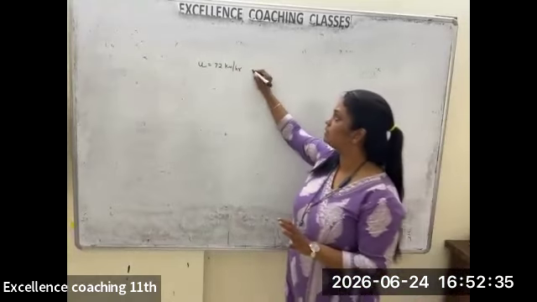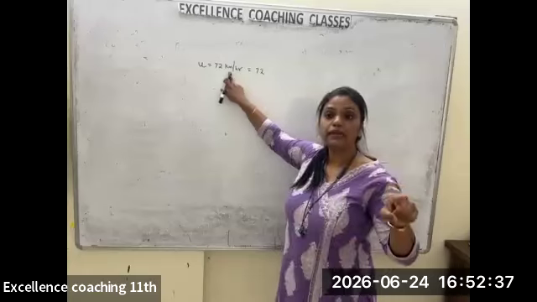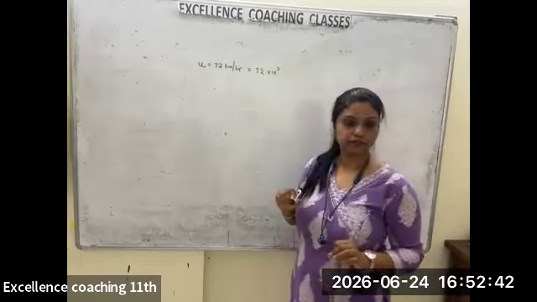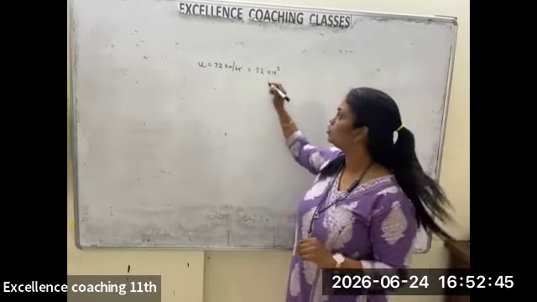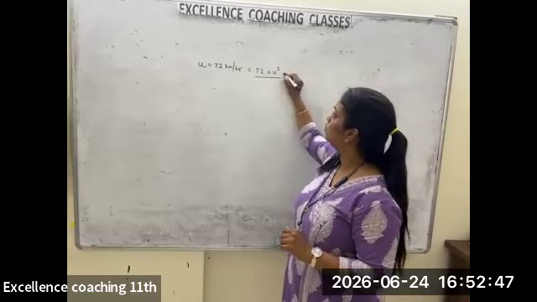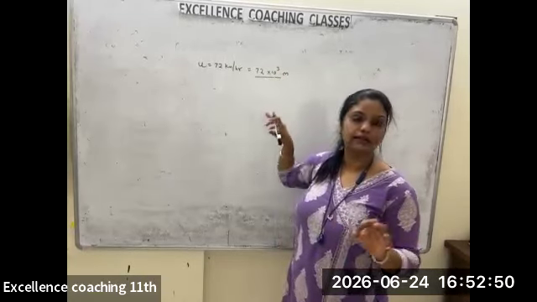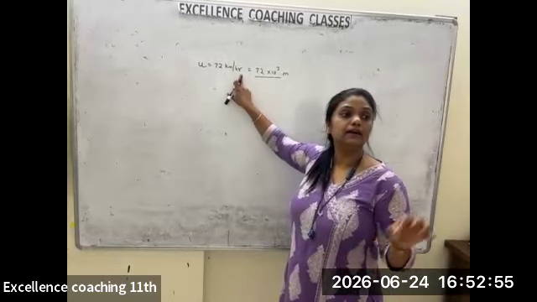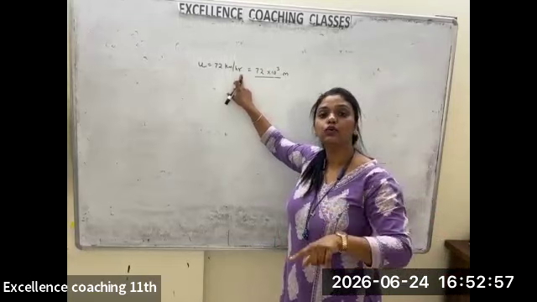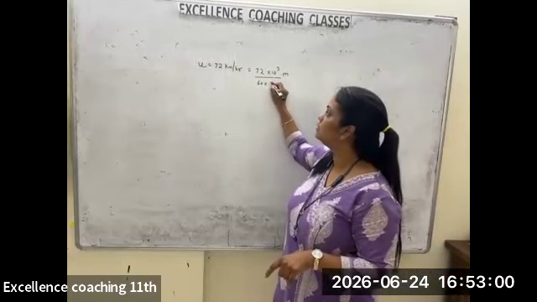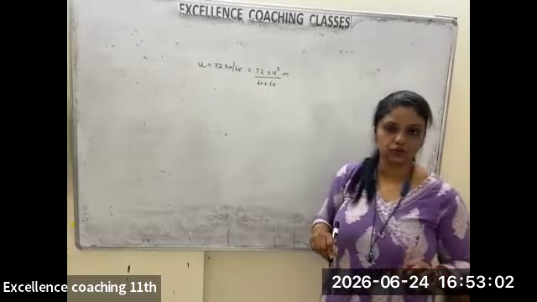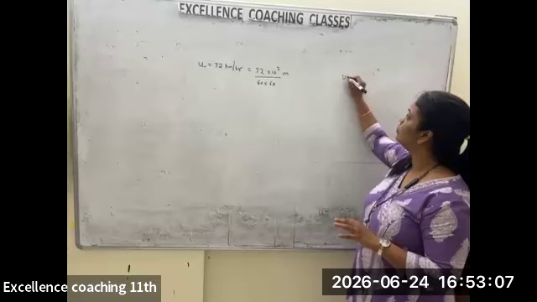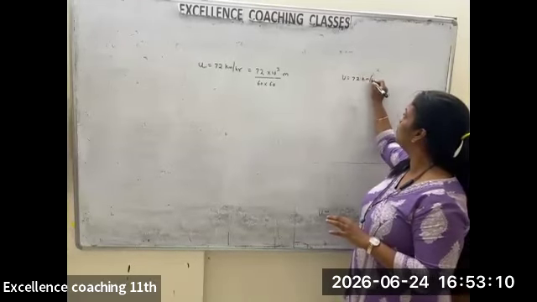Now how do we convert? See here. 72 kilometer: kilo in SI units is 10 raised to 3. I will show you two methods. Kilometer to meter, you multiply by 10 raised to 3. It will get converted into meters. The denominator is hours; you have to convert it into seconds. 60 into 60, which is 3600. Otherwise, what you can do is, u is equal to 72 km per hour.